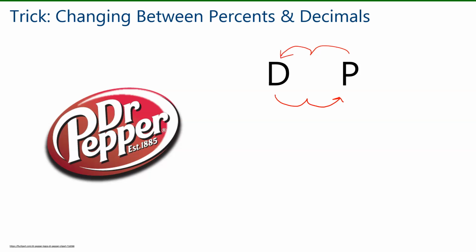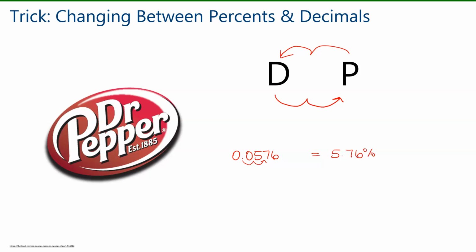So if I wanted to change the decimal 0.0576 into a percent, I could use this method and just say that it was 2 places to the right, and therefore 2 places to the right would give me 5.76%.